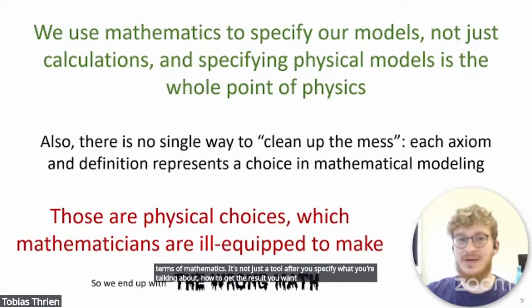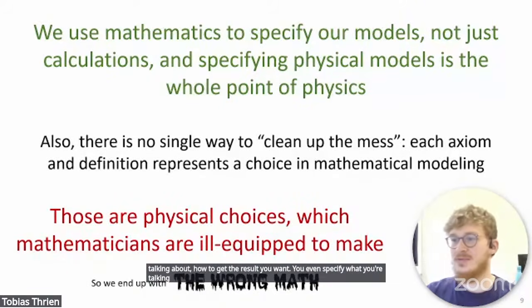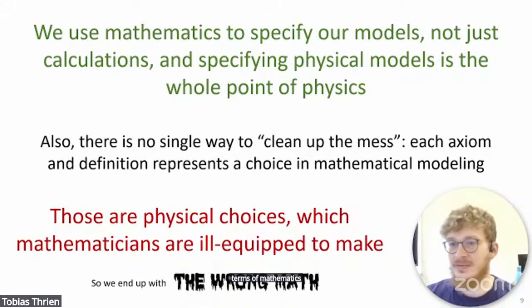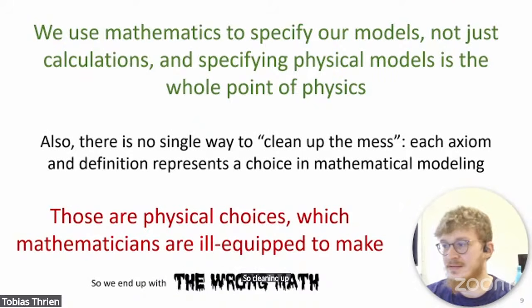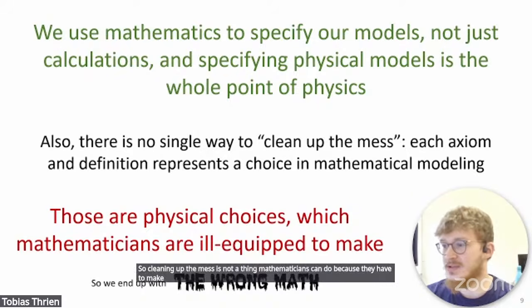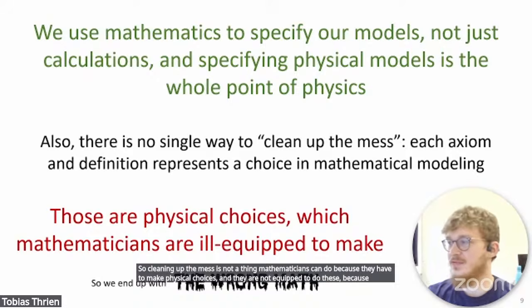You even specify what you're talking about in terms of mathematics. So you really need to know what you're talking about, and we use math for that all the time. Cleaning up the mess is not a thing mathematicians can do because they have to make physical choices, and they are not equipped to do these because they're mathematicians and not physicists.